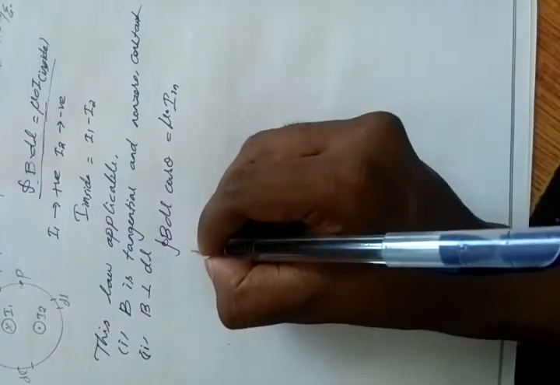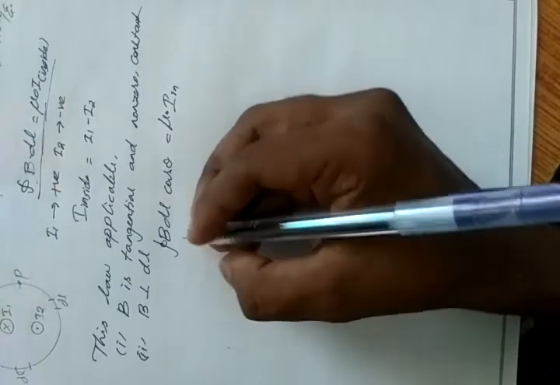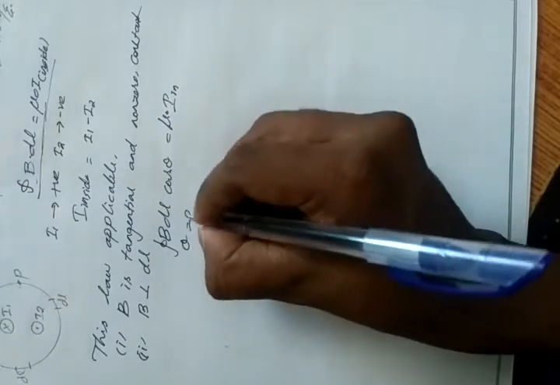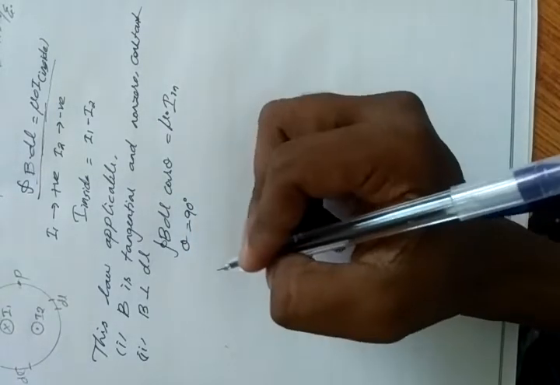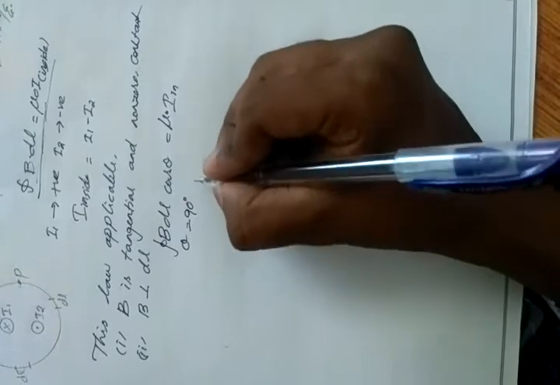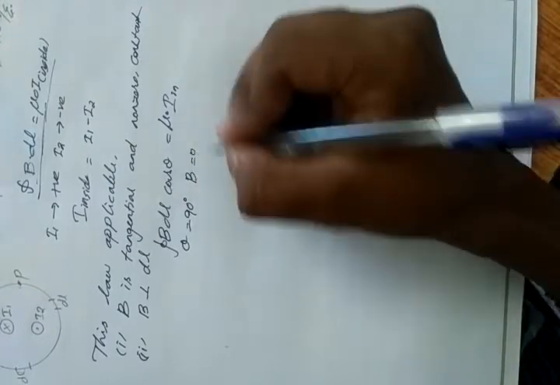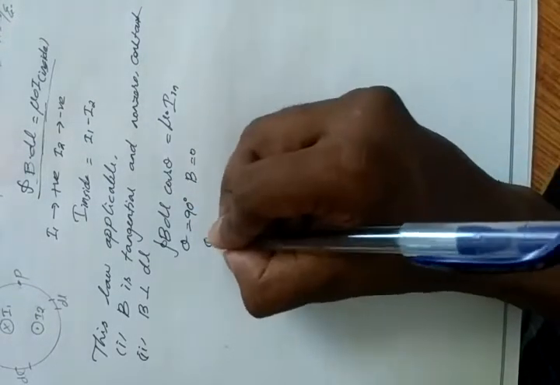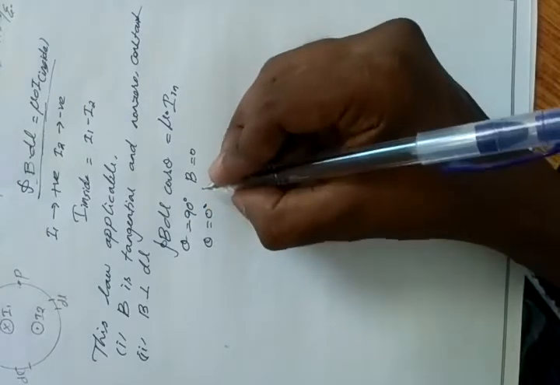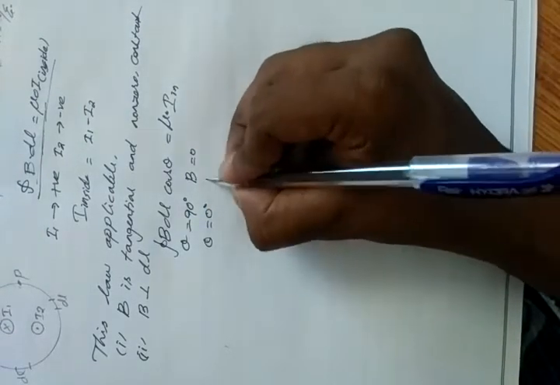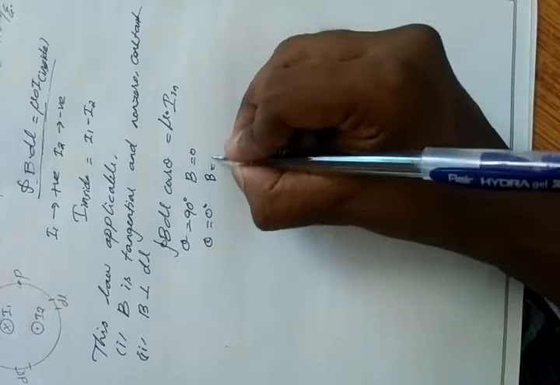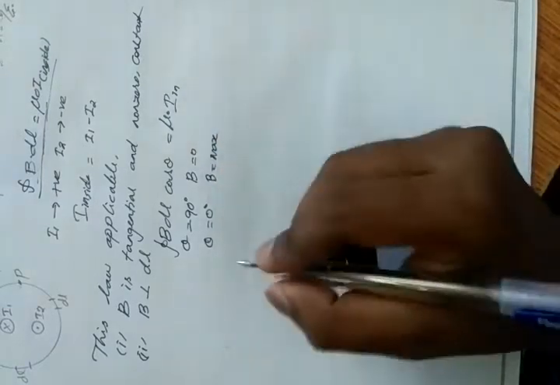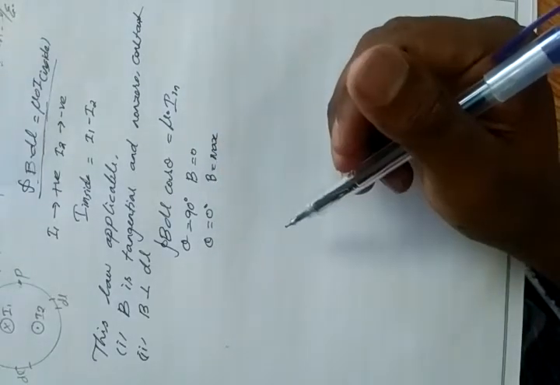If we say theta equals 90 degrees, what is the value of cos 90? Cos 90 is 0, so our magnetic field will become 0. If theta is 0 degrees, then cos 0 is 1, and our magnetic field will become maximum. Here our magnetic field is minimum, here the magnetic field is maximum.